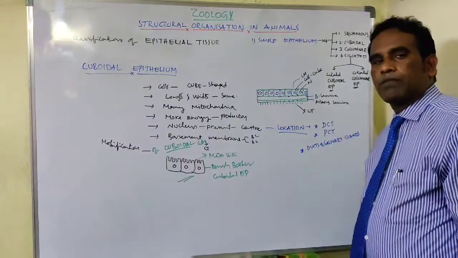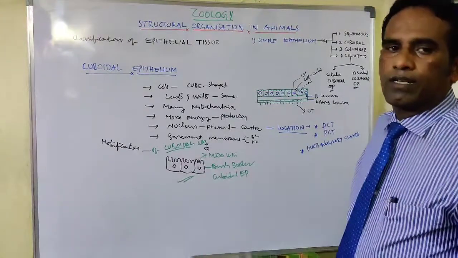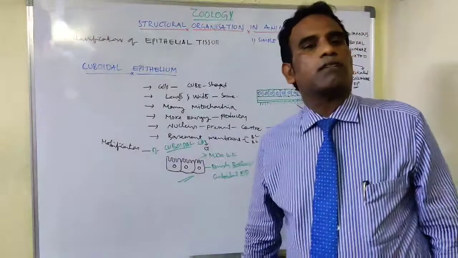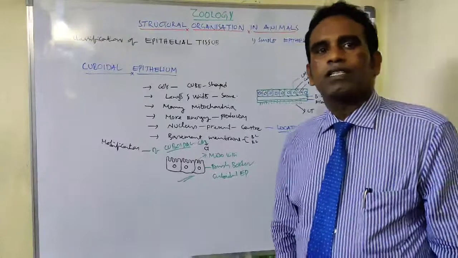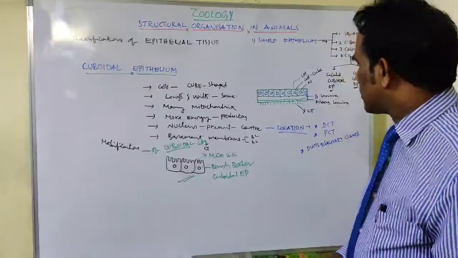There are three types of salivary glands: the parotid gland, the sublingual gland and the submaxillary gland. They are connected with the ducts called Wharton's duct, Stenson's duct and Rivinus duct.